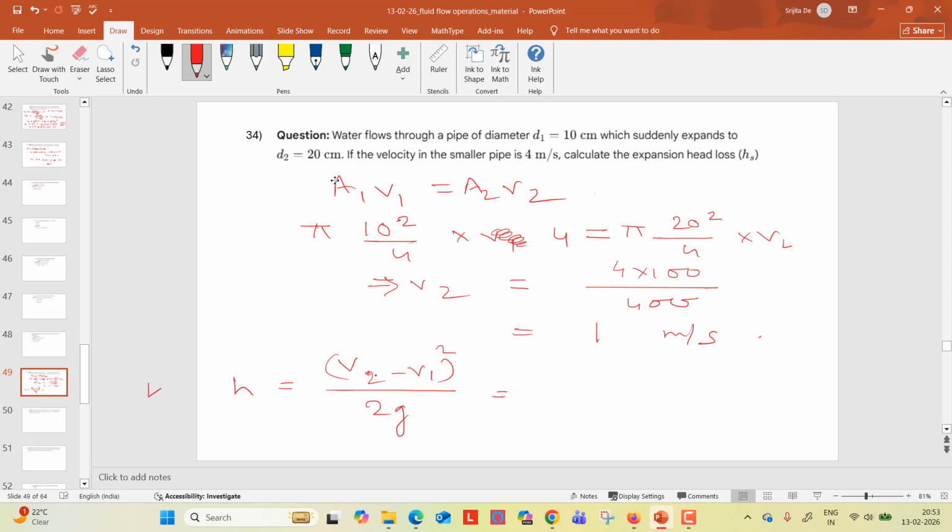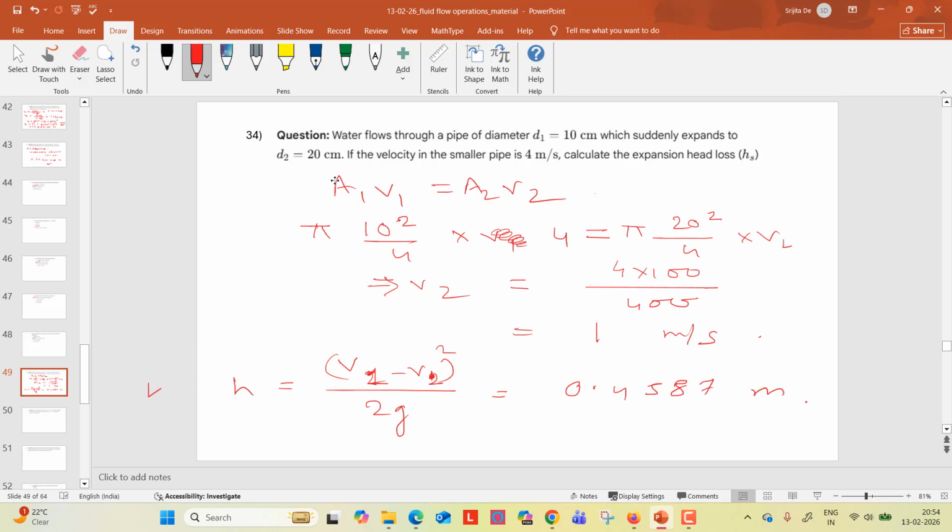Head loss means V1 minus V2, because it is expanding, so velocity will be reduced. So this is 4 minus 1 whole square by 2 into g, which is coming as 0.4587 meters.